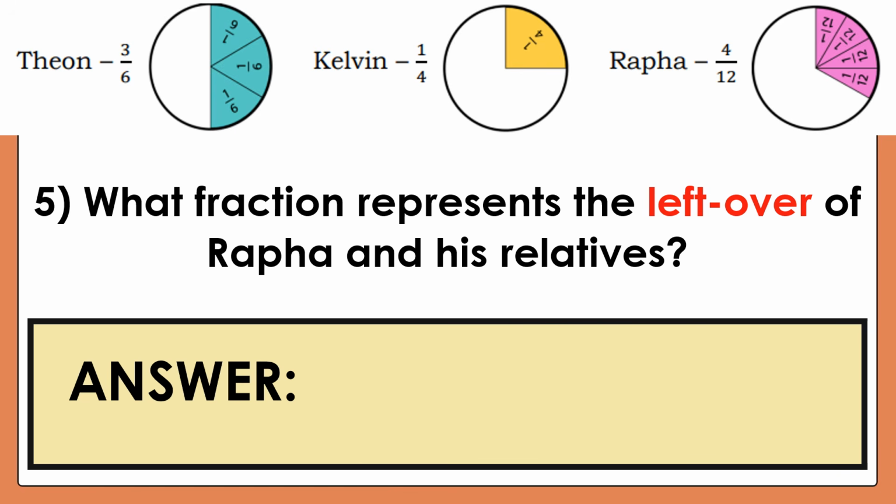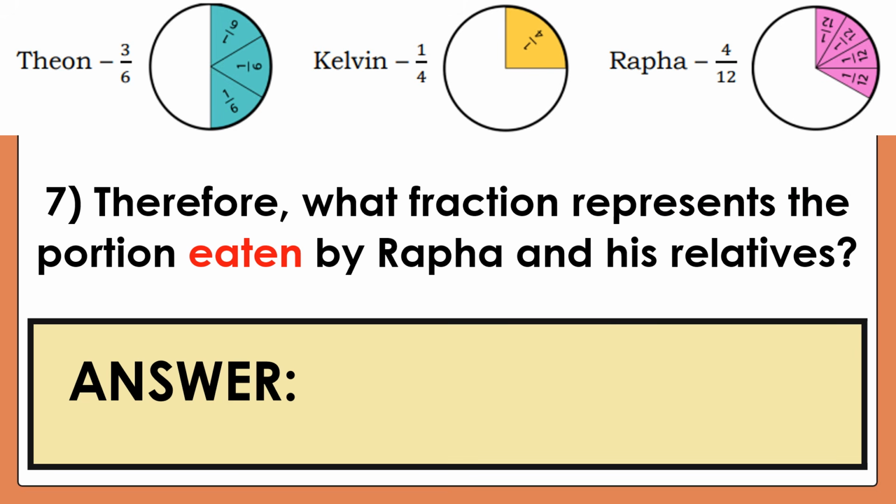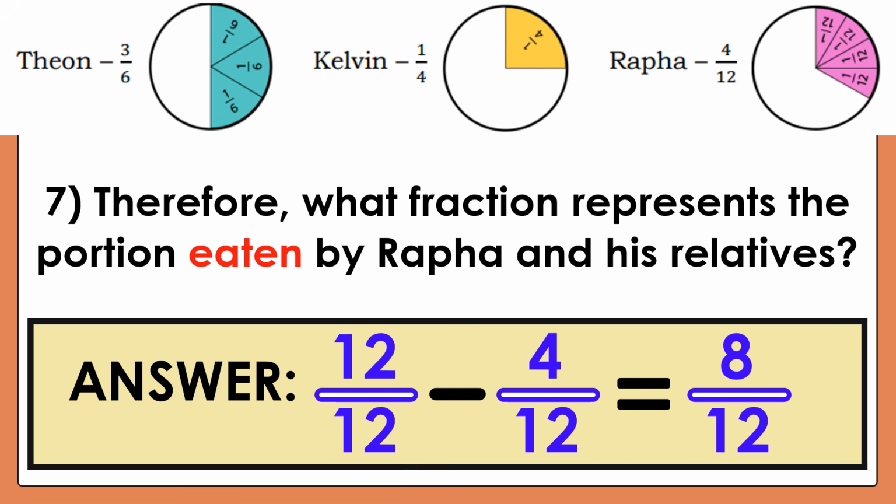Number 5, what fraction represents the leftover of Rafa and his relatives? The answer, 4/12. Number 6, therefore, what fraction represents the portion eaten by Rafa and his relatives? The answer, 8/12.